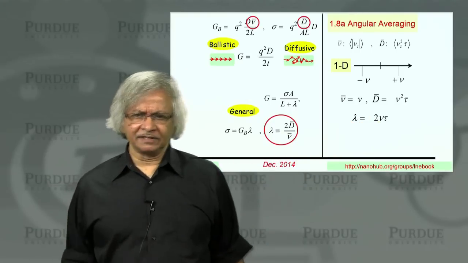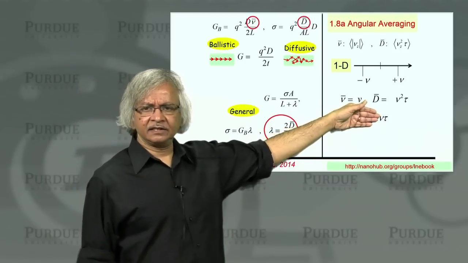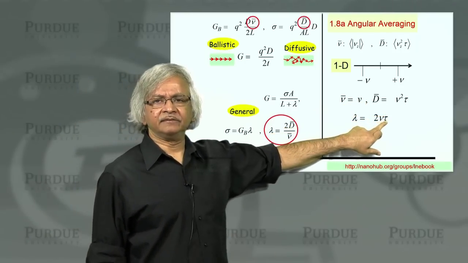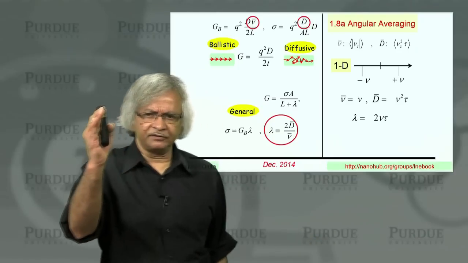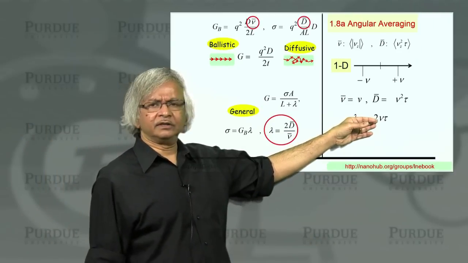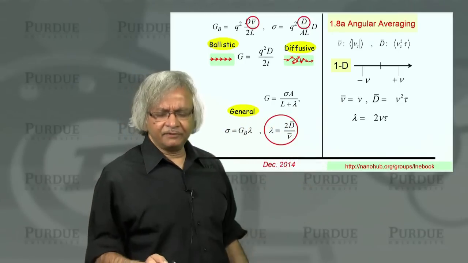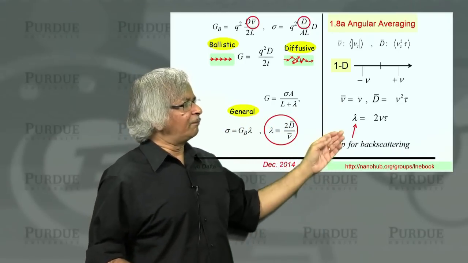Now the 2 might puzzle you a little bit, because v is the velocity and tau is the mean free time, so velocity times mean free time should be the mean free path. Why a 2 in here? The thing is that this is the mean free path for backscattering.